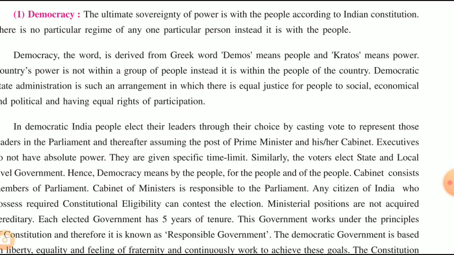Democracy. The word democracy comes from a Greek word. Demos means people and kratos means power. That means in order to rule a country, people's power is a must. So people come first, and people's representatives are selected or elected for doing different types of welfare activities for the people.